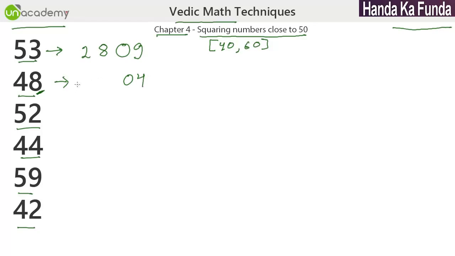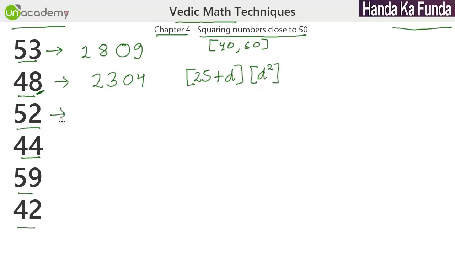So the distance is negative, so that becomes 25 minus 2 or 23, and 2304 will be the square of 48. Let me just write it down so that it is clearer. The first two digits will be 25 plus the distance. Please note, this distance could be positive or negative, and the last two digits will be d square.